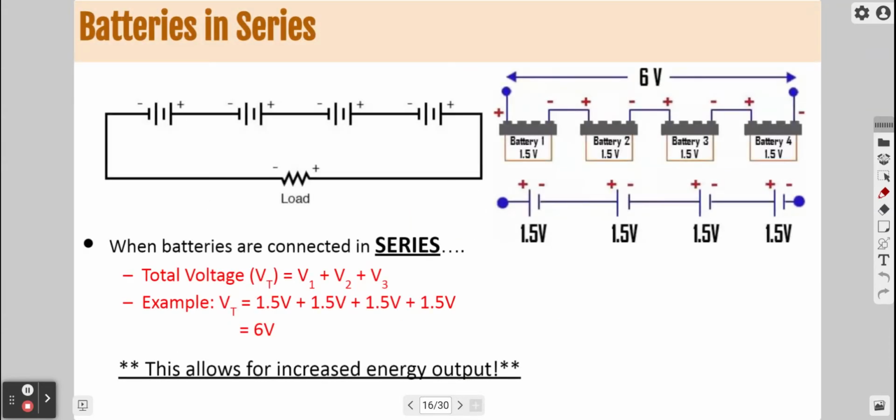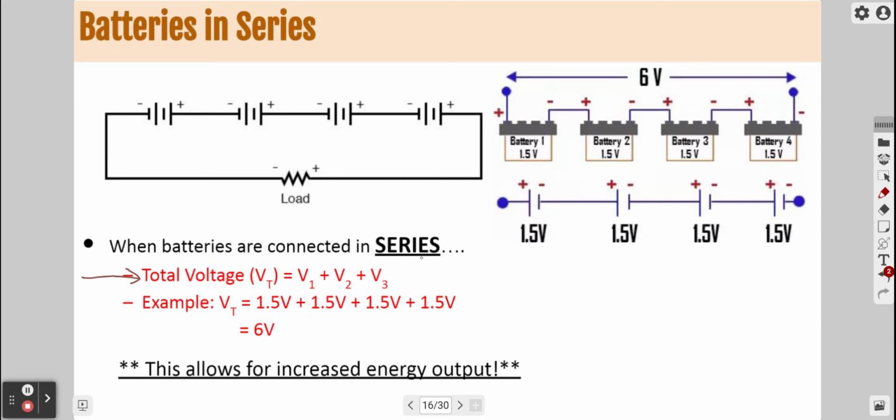All right, so putting batteries in series is a way that we can increase the voltage of a circuit. Every time we add a new battery in series, we increase the voltage of our circuit. You can see the formula here for total voltage.